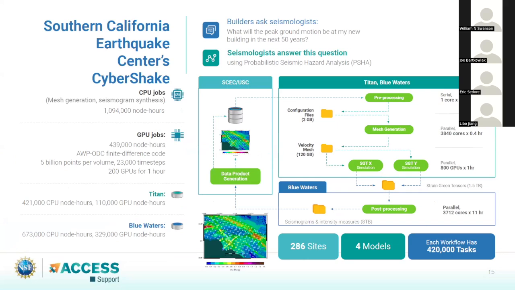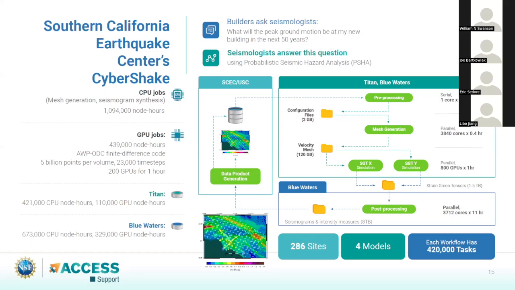And this is a massive workflow that is always hunting for the best place to run. So they move around to whatever the newest leadership system in the NSF cyberinfrastructure environment is. This slide is a little bit outdated, but they ran it on Titan and Blue Waters. I'm not even sure those machines are around anymore, but they are last generation maybe.